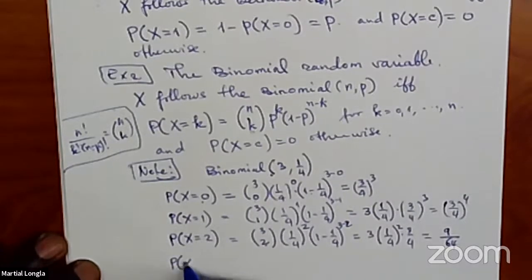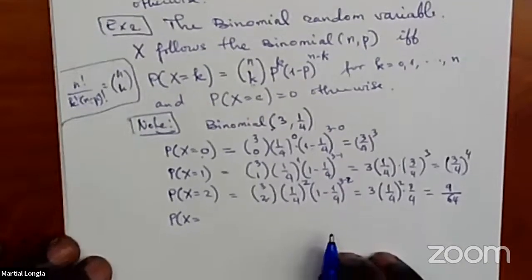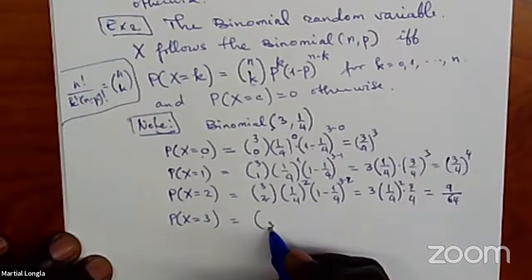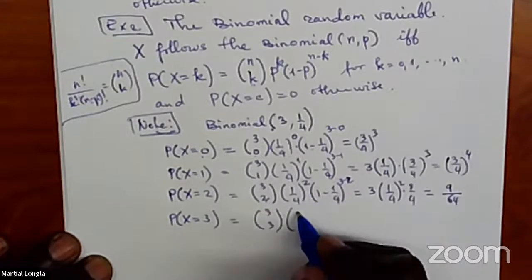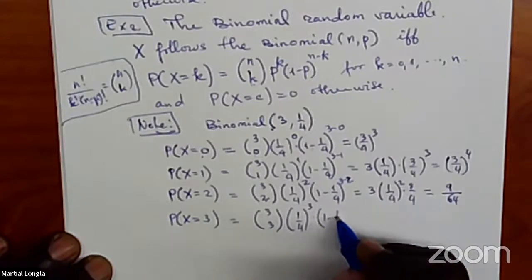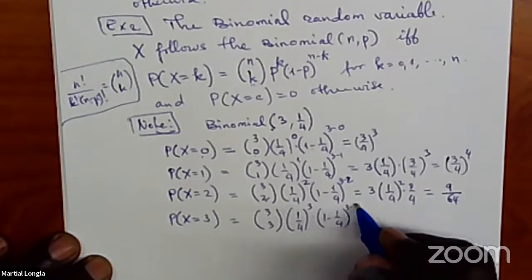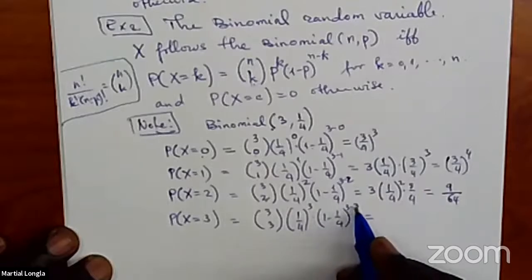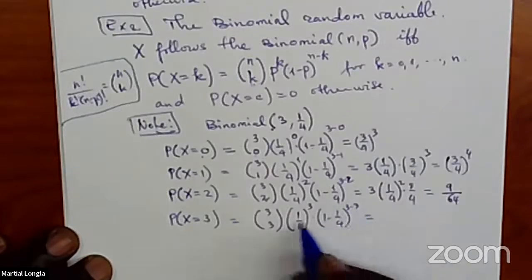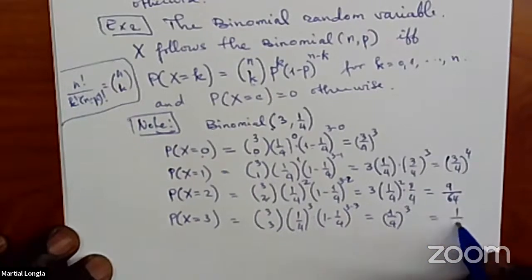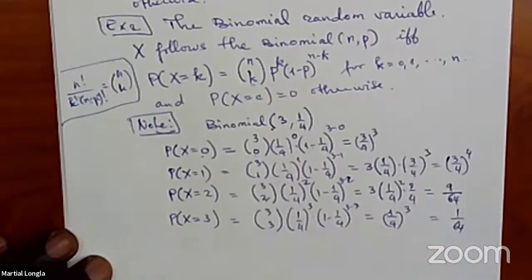Then you go probability that x equals 3 is going to be choose 3 out of 3, 1/4 to the power 3 times 1 minus 1/4 to the power 3 minus 3. That gives you choosing 3 out of 3. There's only one way. This is 3/4 to the power 0, which is 1. So you get 1/4 cubed, which is 1/64.